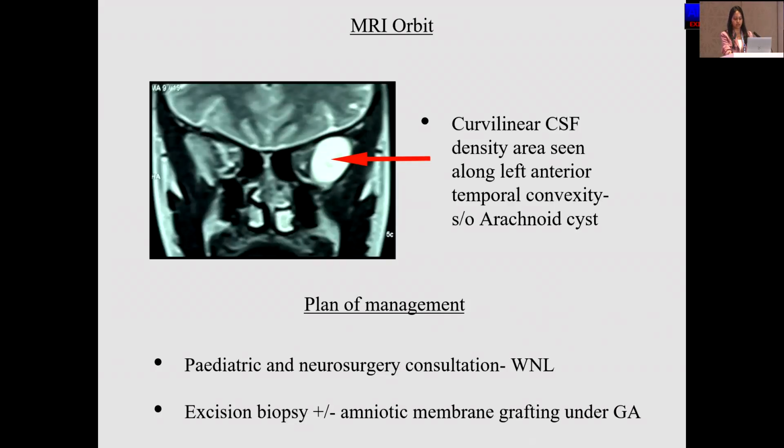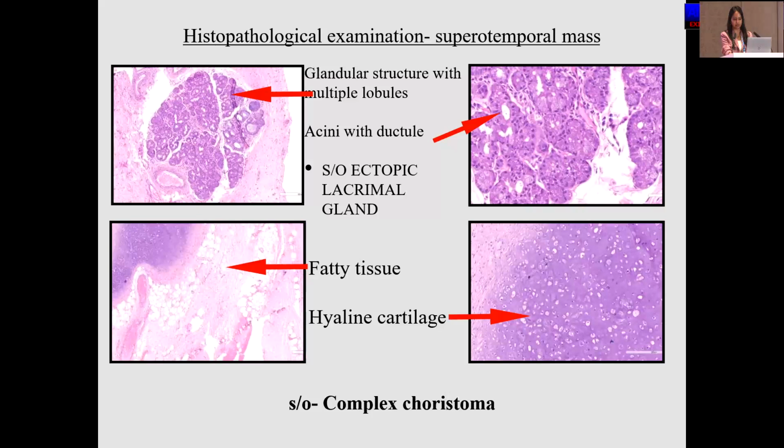After getting pediatric and neurosurgery clearance, the patient was planned for excision biopsy plus or minus amniotic membrane grafting under general anesthesia, and the samples were sent for histopathological examination, where the superotemporal mass revealed a glandular structure with multiple lobules, acini with ductule suggestive of ectopic lacrimal gland. Along with it, it also contained fatty tissue and hyaline cartilage, hence the superotemporal mass was that of complex choristoma.